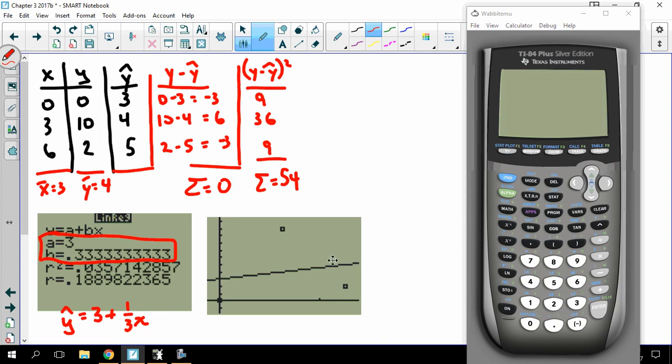So we already know the line's crummy, so 54 must be kind of big, at least in context of this problem, but this is a measure of how bad my line was. It's summing up the square of my errors. For the sake of this discussion, I'm going to call this value the sum of the squares of the errors. That's not necessarily a standard term, but that's what I'm going to call it.